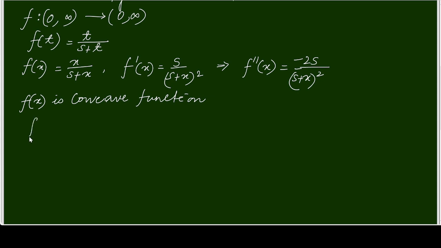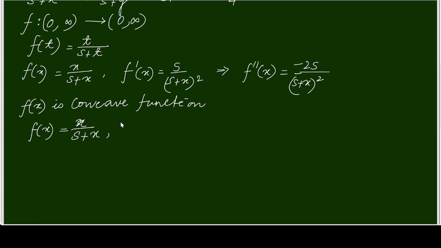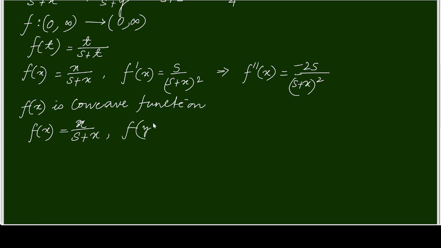Here, if I take f of x equals x upon s plus x, f of y equals y over s plus y, and f of z equals z over s plus z.